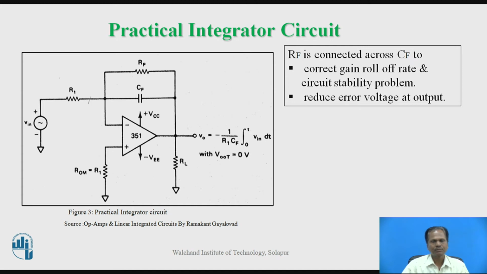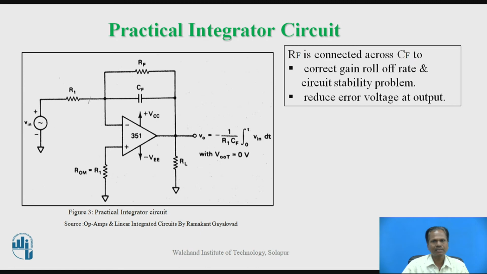So to reduce the unwanted error voltage at the output of the integrator, we can add a feedback resistor RF in parallel to the feedback capacitor CF. That is what a practical integrator circuit is. This figure shows the circuit diagram for the practical integrator circuit. Feedback resistor RF is connected across feedback capacitor CF to reduce the unwanted error voltage at the output of the integrator, as well as to limit the low frequency gain and to minimize the variation in the output voltage.